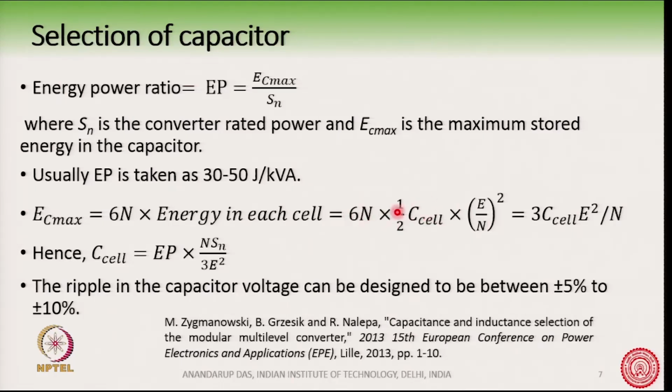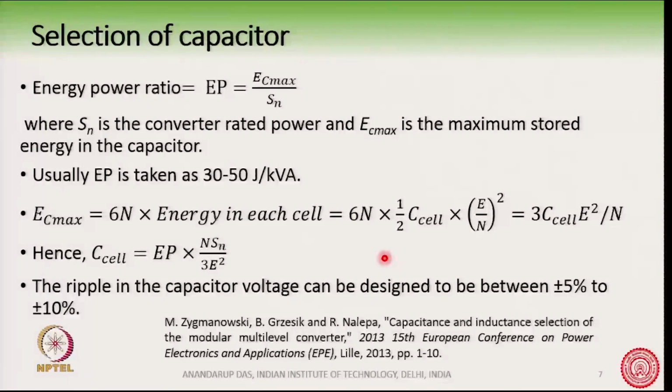So, 6 N into half C cell into E by N square, assuming that the voltage on each cell is roughly E by N. There is an oscillation on the cell, but we will take the mean voltage as E by N. That is how we get this expression here. Therefore, C cell is EP into N Sn divided by 3 E square.